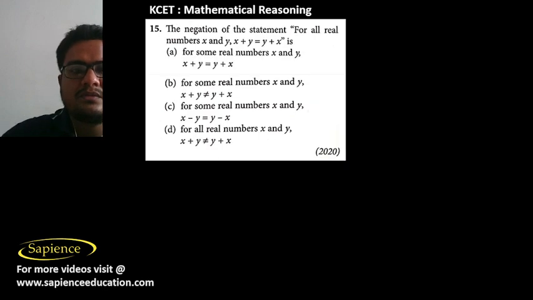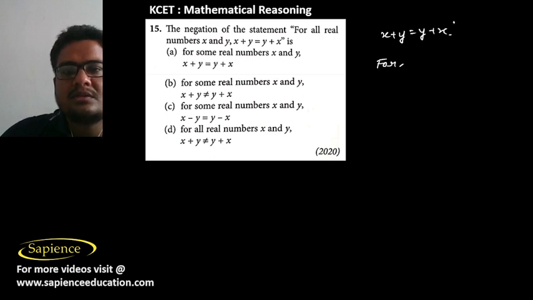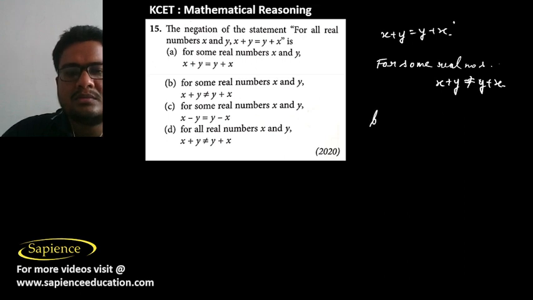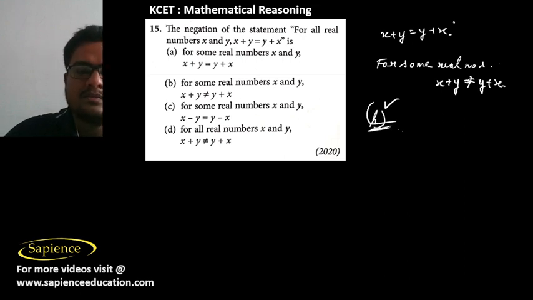And in question number 15, it is told the negation of the statement: for all real numbers x and y, x plus y equals y plus x. The negation of this statement is: for some real numbers x and y, x plus y is not equal to y plus x. That means option B is the correct answer.